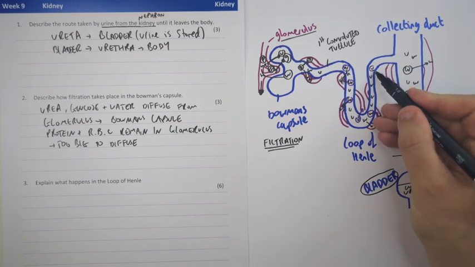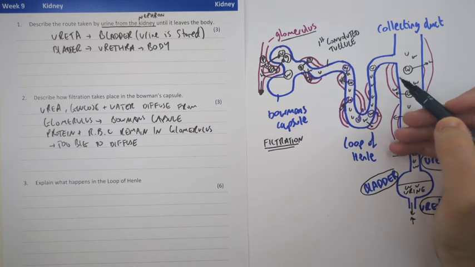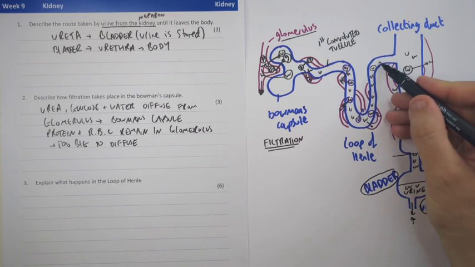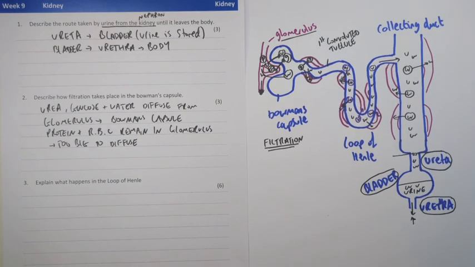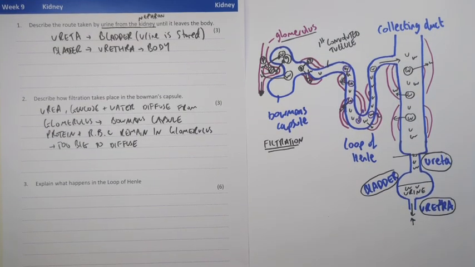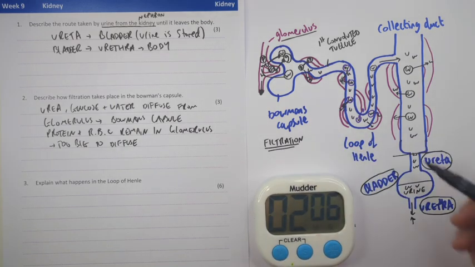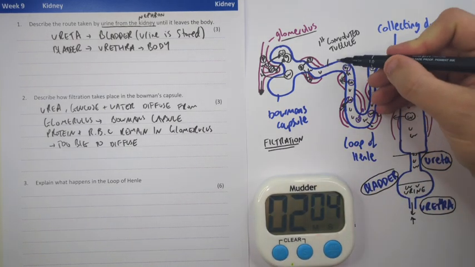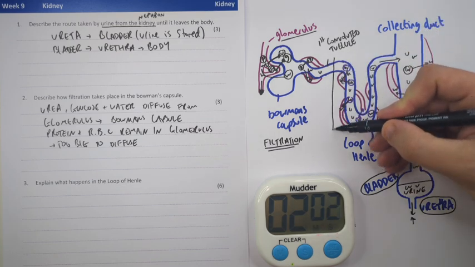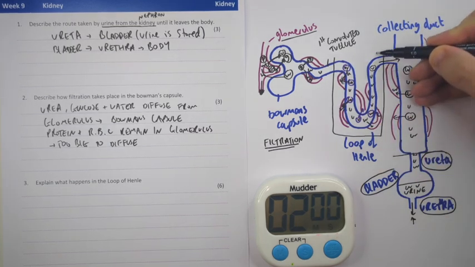And then the water and the urea end up in the collecting duct. That isn't a 6-mark question, by the way. This will probably be a 3 or 4-mark question maximum. So I'm going to give you 2 minutes to answer this question about what happens at this point here. Go.